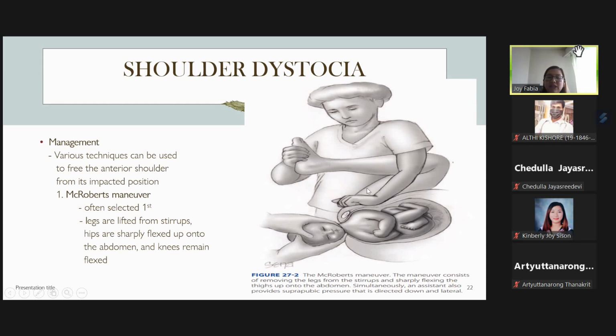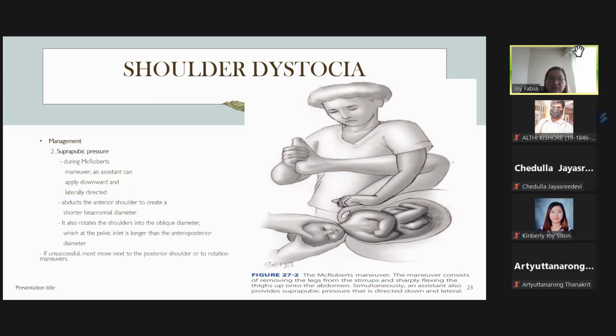So here, we just flex the legs; that is the most important part. And then, followed by suprapubic pressure that is directed down and lateral.